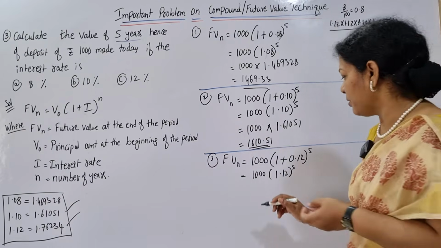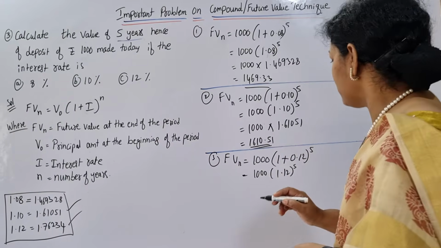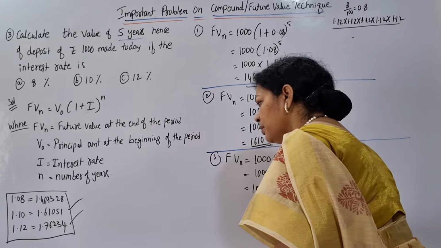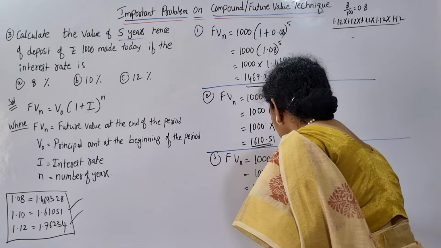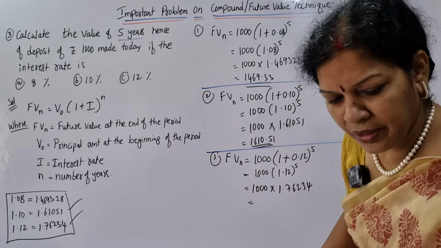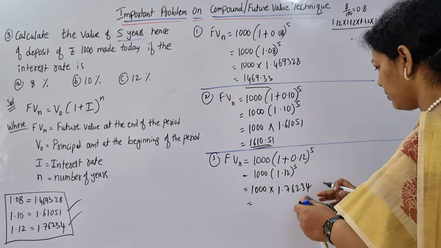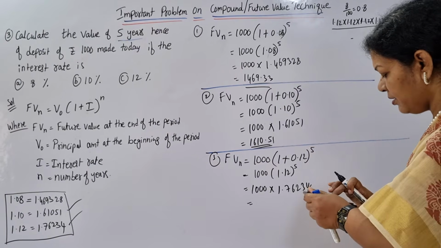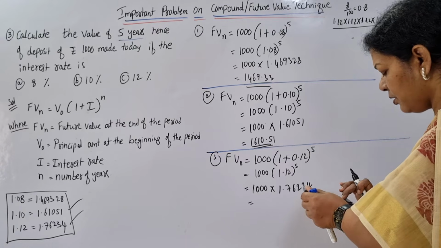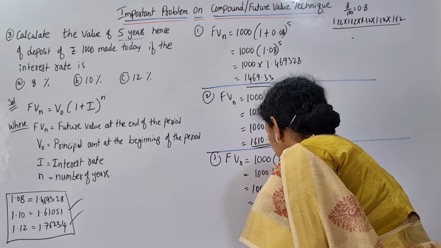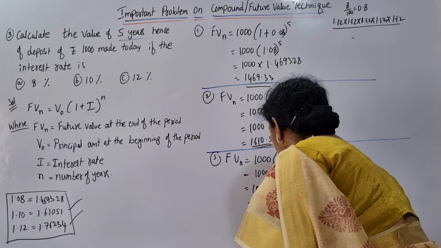So the amount what you are going to get is 1.76234. Now this, if you calculate 1000 into 1.76234, you will get 1762.34.